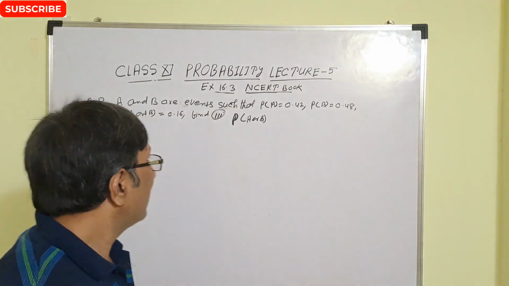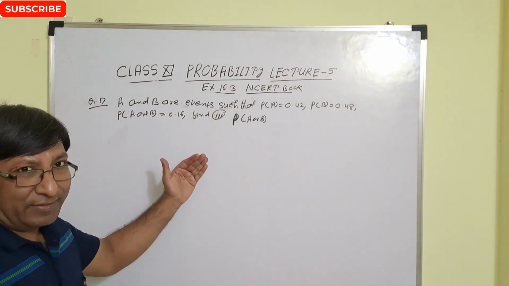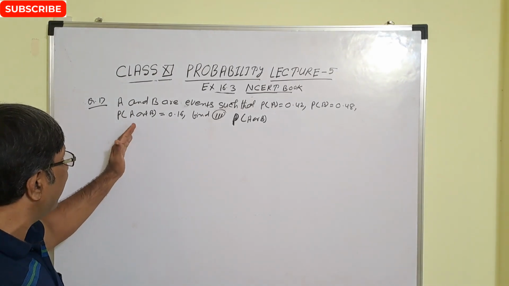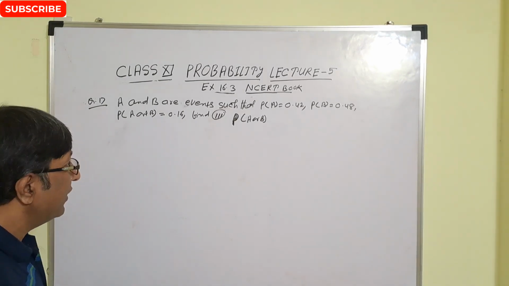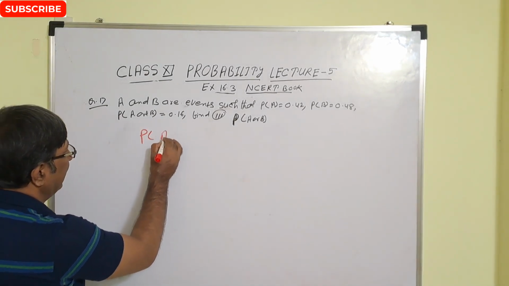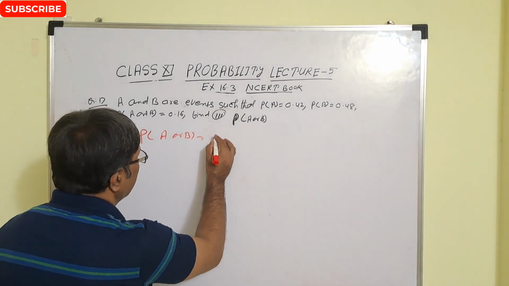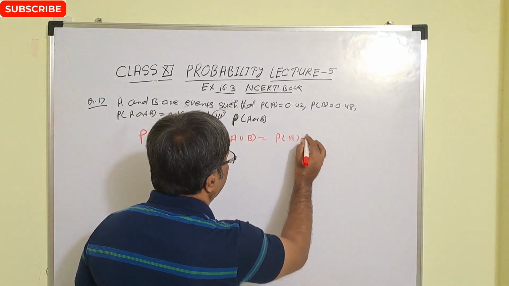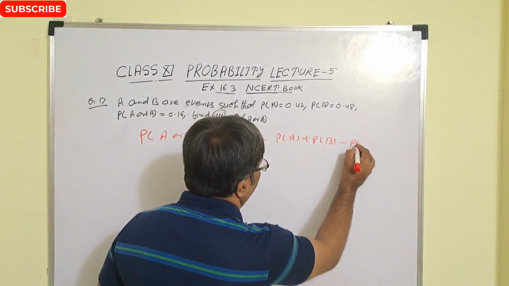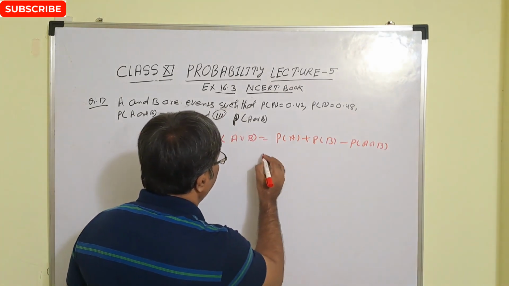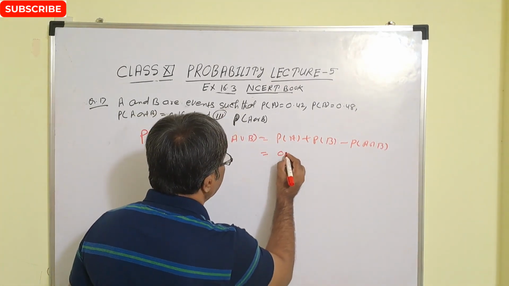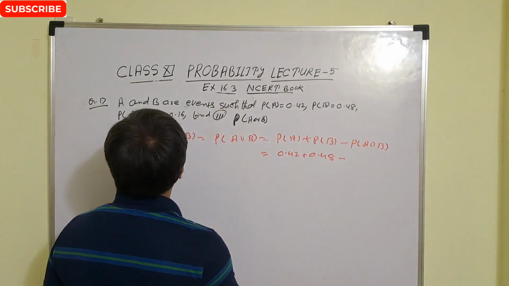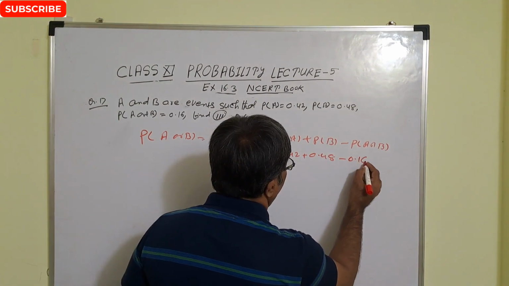Let's see the question. A and B are events such that probability of A is given, B is given, and A and B is given, we have to find A or B. So we know probability of A or B means probability of A union B. The formula is probability of A plus probability of B minus probability of A intersection B. So A is given 0.42, B is given 0.48, minus intersection given 0.16.